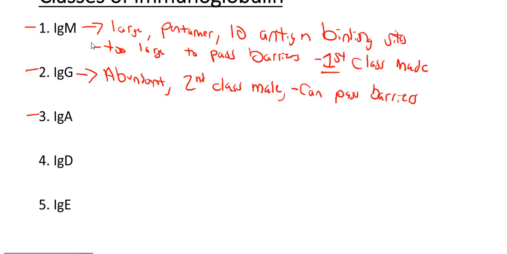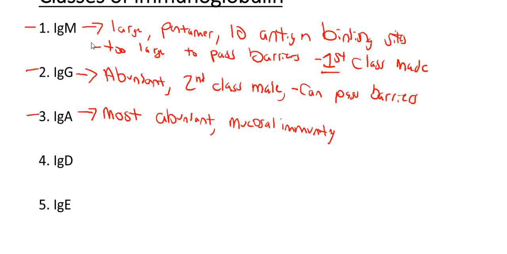Okay, IgA, this is the most abundant type of immunoglobulin, so the most abundant class. IgA is so important for mucosal immunity. What that means is IgA is found lining the mucous membranes. And remember, the mucous membranes is where most pathogens enter from.